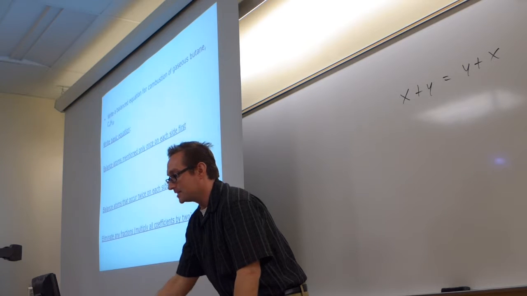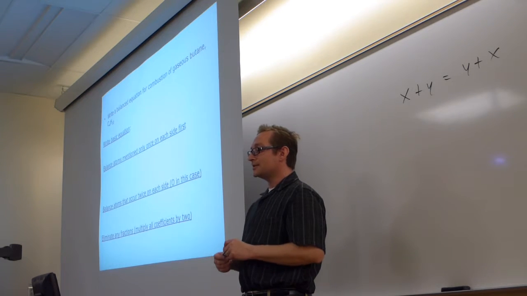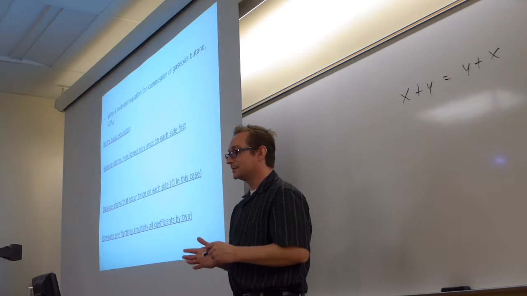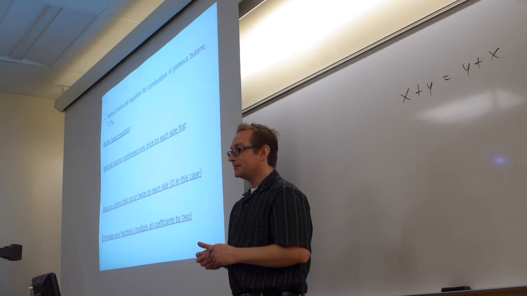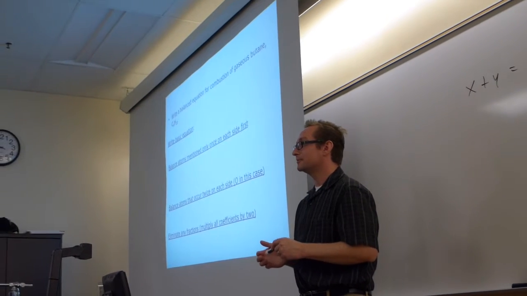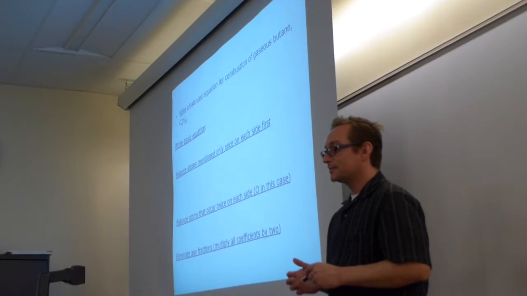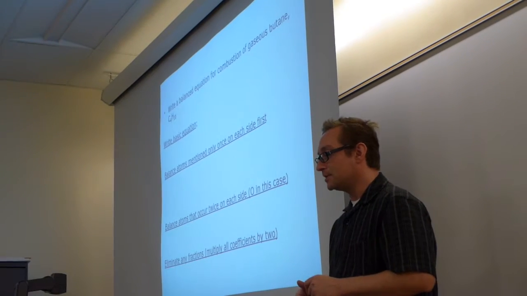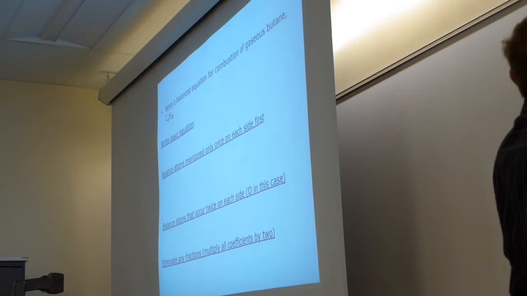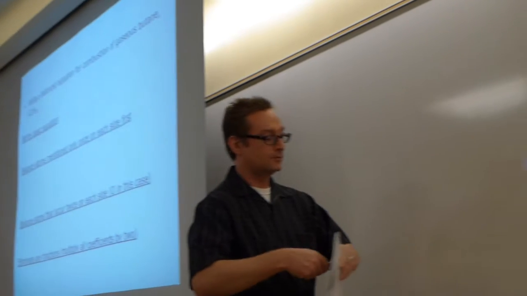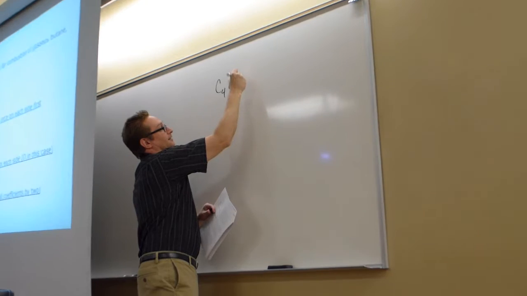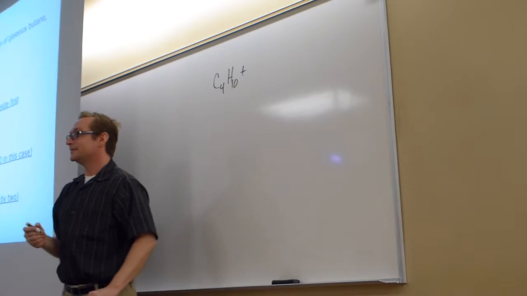Okay, so let's do an example. Write a balanced equation for the combustion of gaseous butane, C4H10. The hard part is I'm giving you English and you have to convert it to chemistry. It gives us butane, so we can say butane is C4H10, plus what?